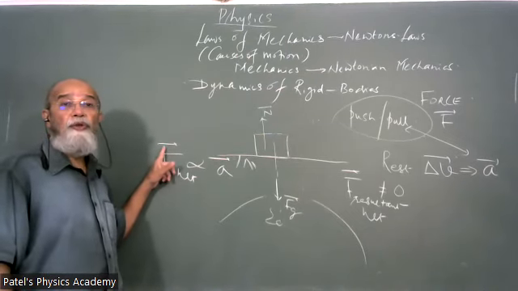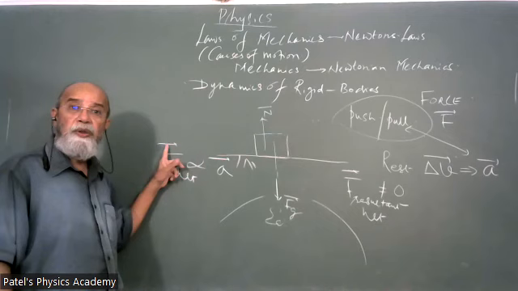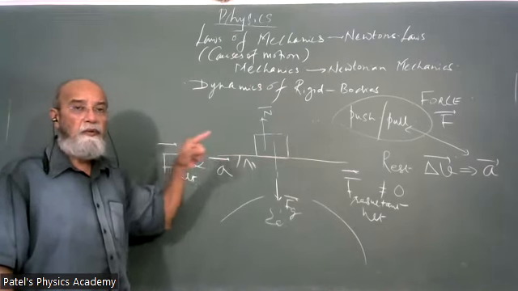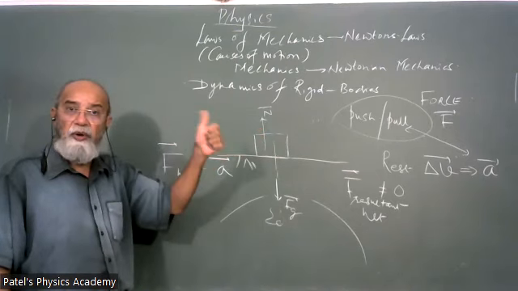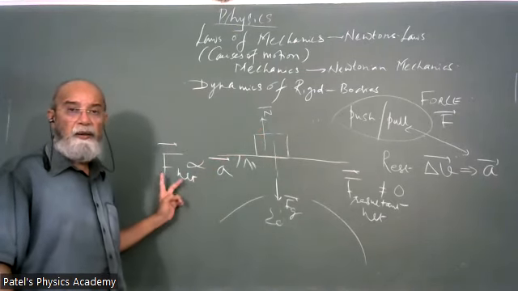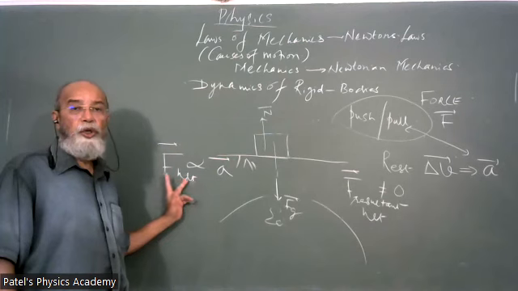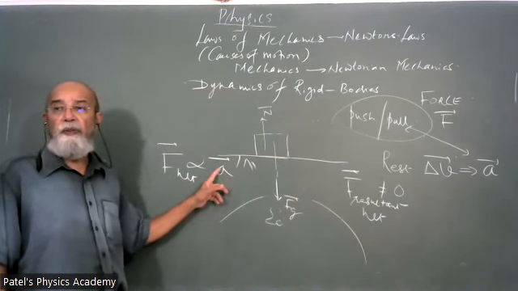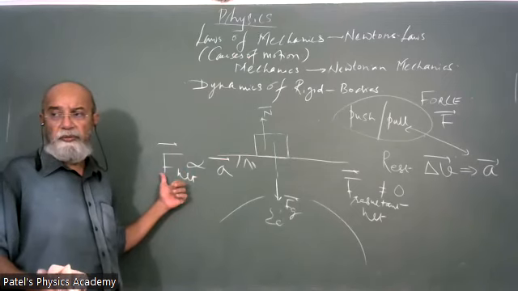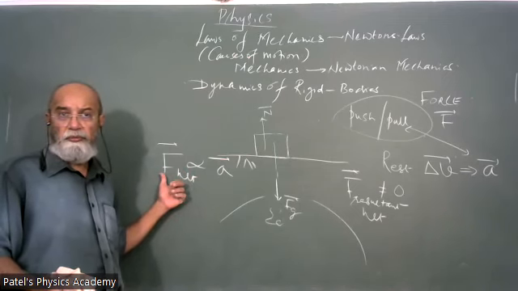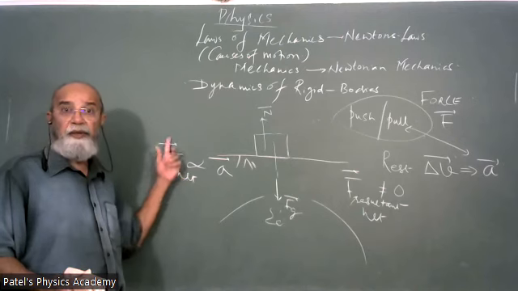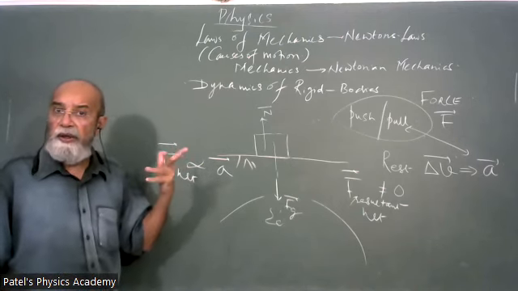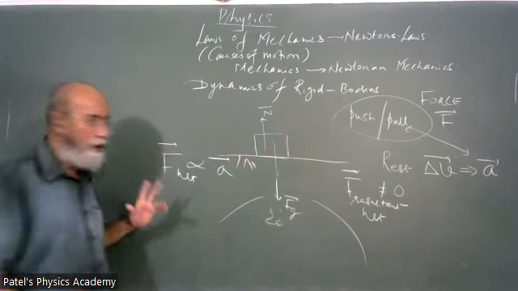The direction of the net force and the direction of acceleration was the same, number one. And the magnitude of force was proportional to acceleration. Acceleration got doubled, force got doubled. But the directions were the same. Let us see it a little more in detail.